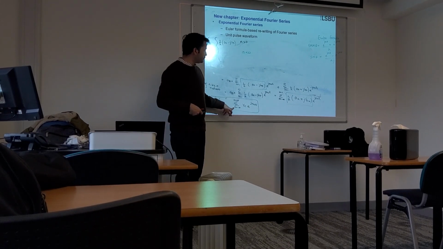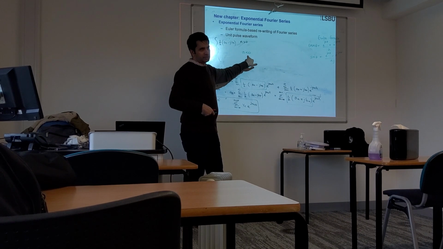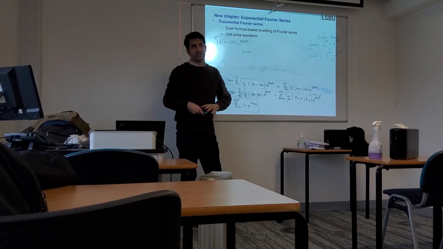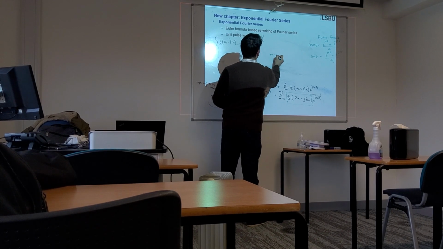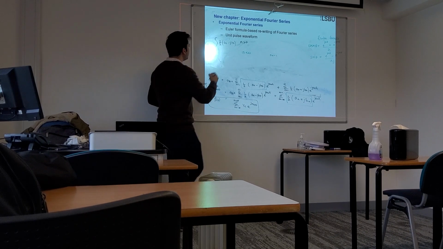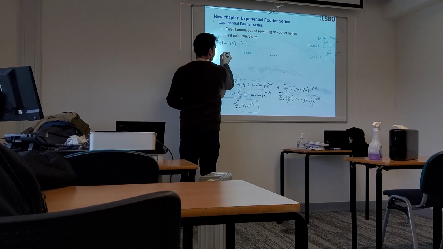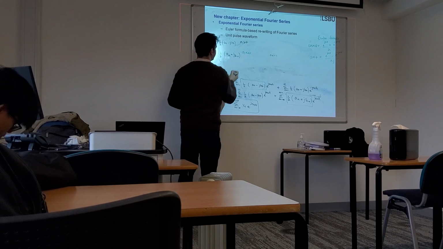So if the limit is between minus infinity to minus 1, which is n less than 0. N less than 0 means n is an integer, right? So less than 0 means the first value that will come is minus 1, and then it will go up to infinity. So I know this value is 1 by 2 (a minus n plus j b minus n).